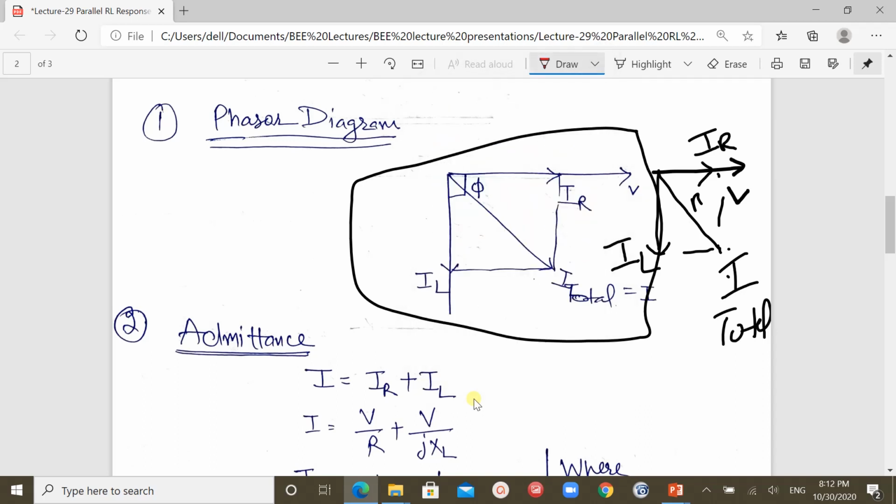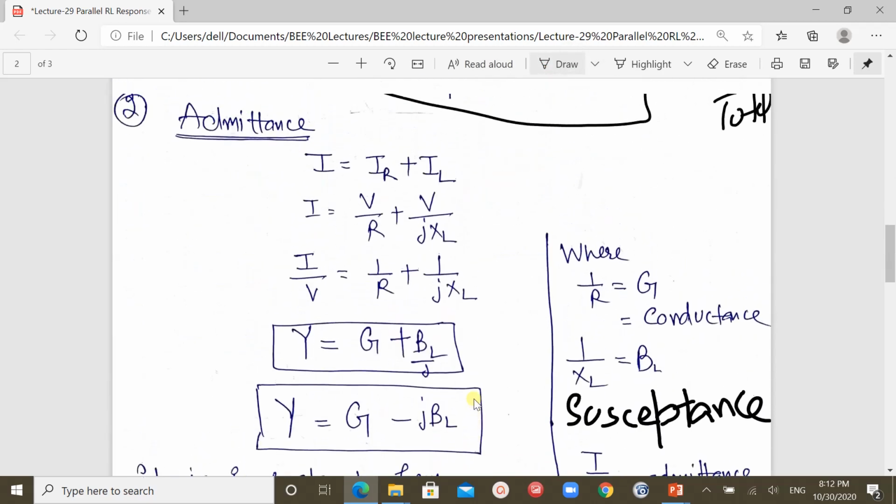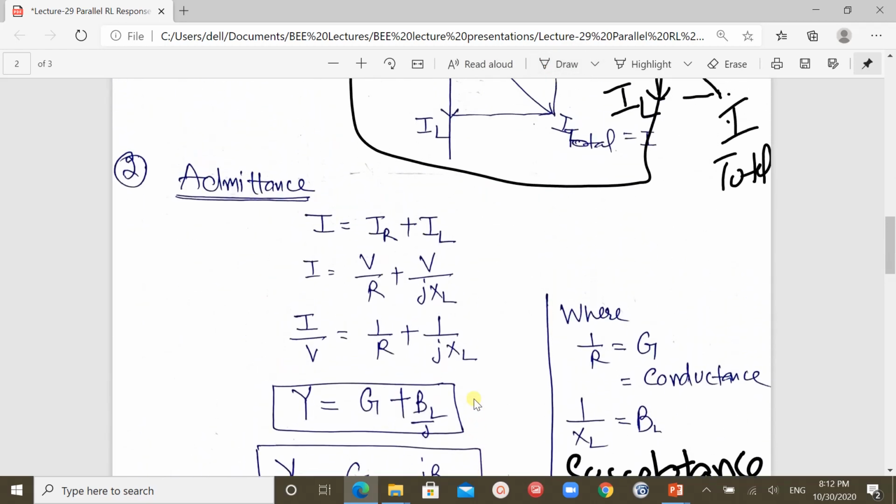Then next is admittance. In the series circuit we find the impedance, but in the parallel circuit we find the admittance. And in the series case we talked about the total voltage V equals VR plus VL. If you remember, I just write down here, V is equal to VR plus VL.